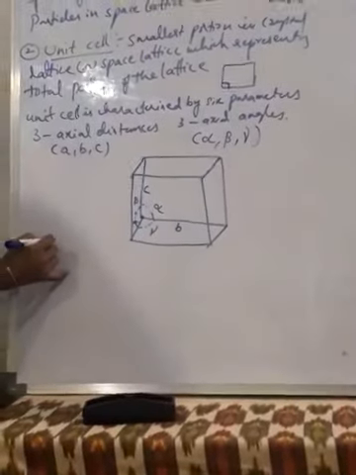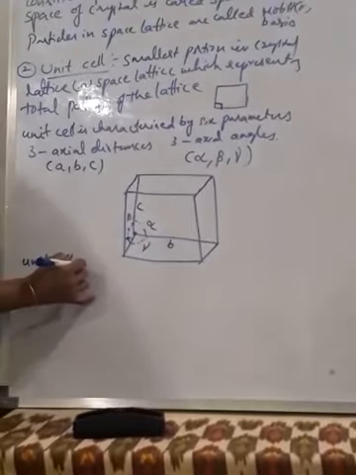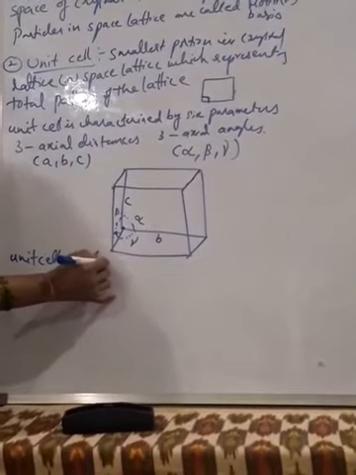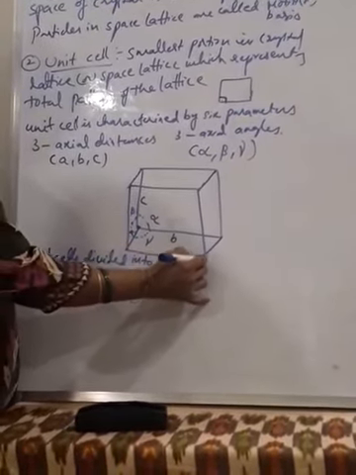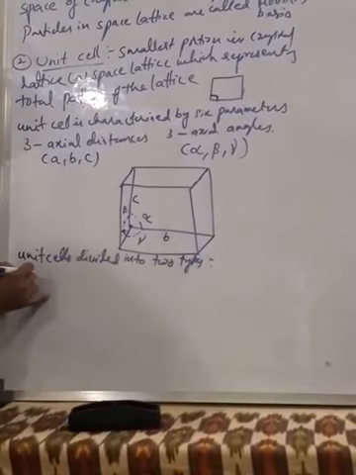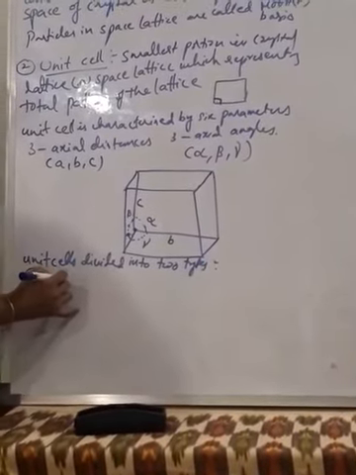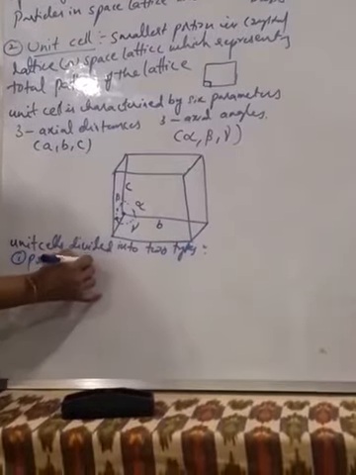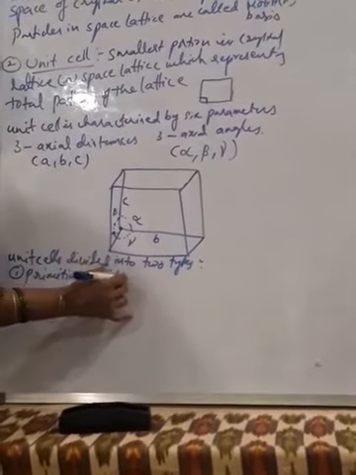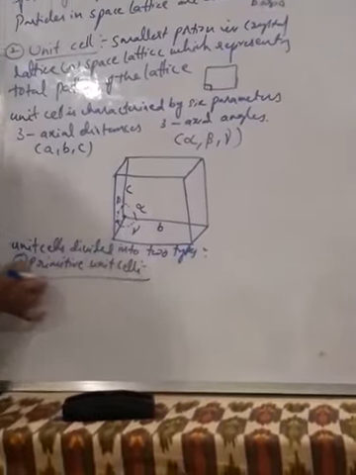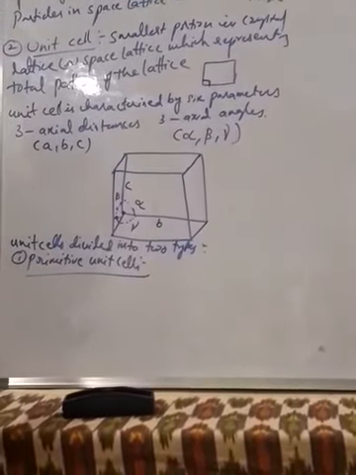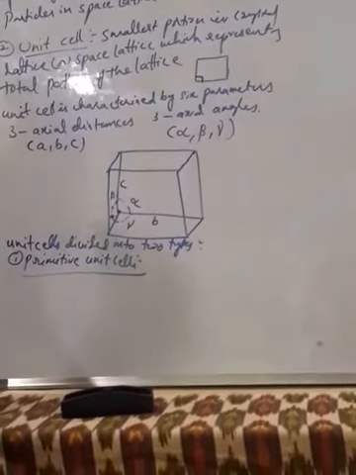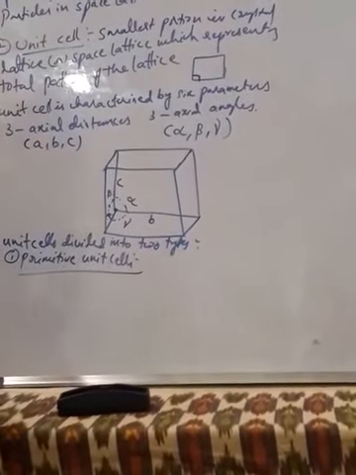Okay. So unit cells divided into two types. Number 1, primitive unit cell. So primitive unit cells contain points, lattice points or particles only at the corners.